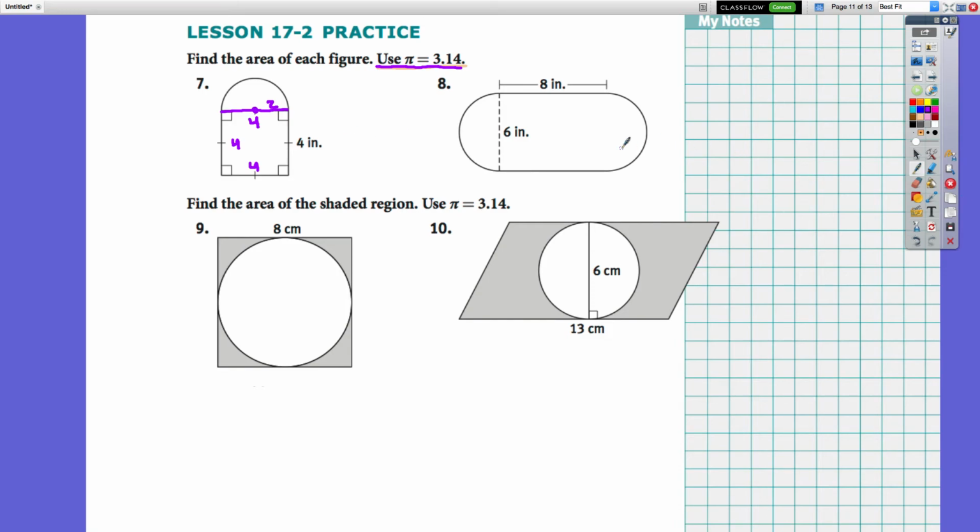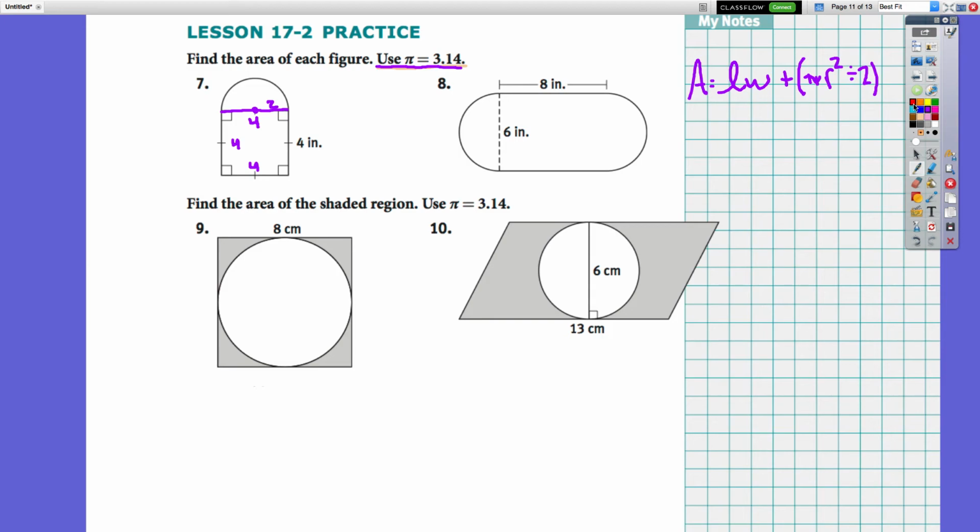So for number 7, we are going to be finding our total area by taking length times width plus pi r squared divided by 2. Now be careful, we can't just go plug this into a calculator. Make sure that you are writing it down and you're going over each part.